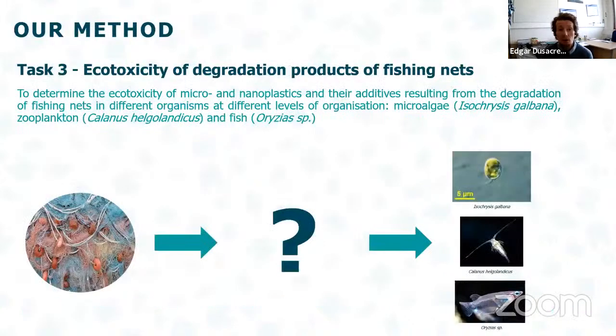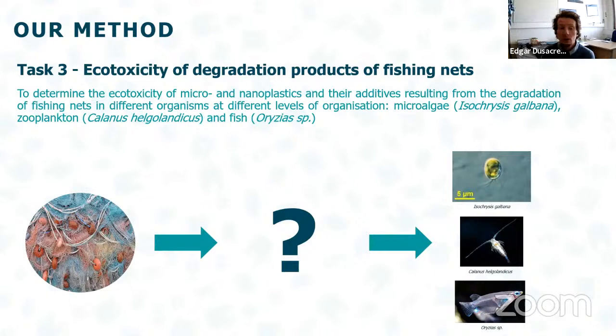The third task is to determine the ecotoxicity of micro and nanoplastics and the additives resulting from the degradation of fishing nets in different organisms at different levels of organization. So we chose to study 3 organisms close in the trophic web. Here is the microalga Isochrysis galbana, a copepod.